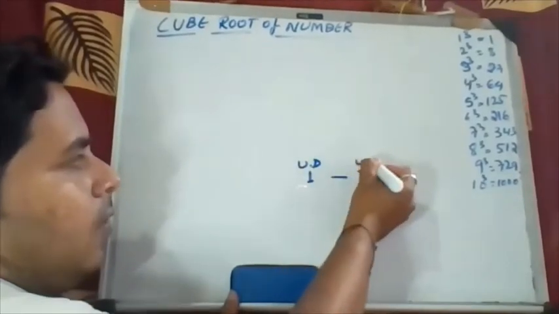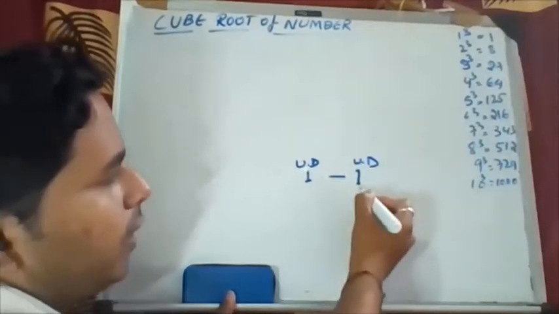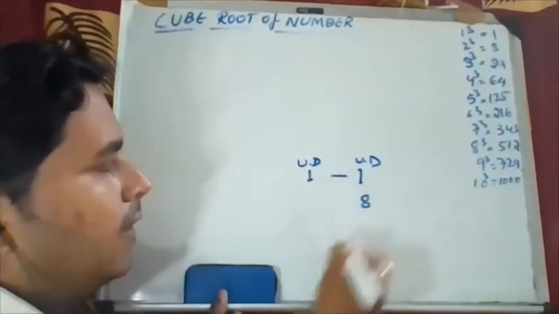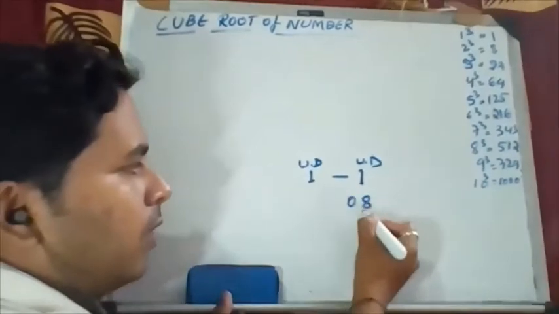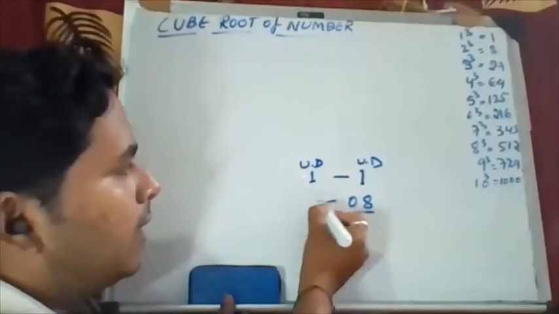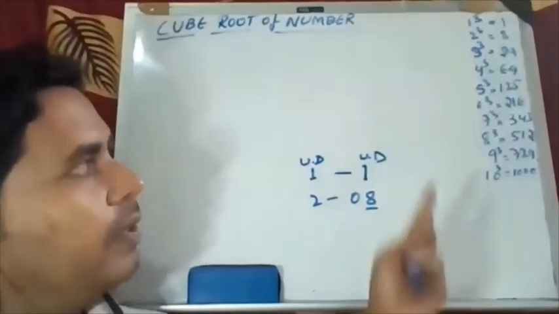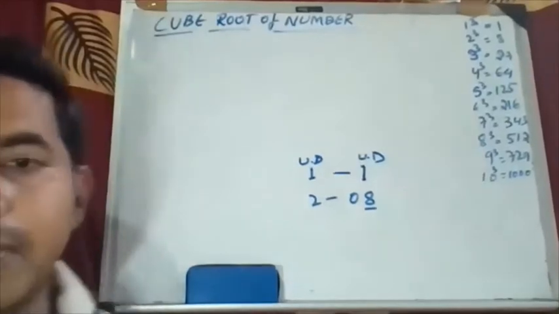And if any cube value has unit digit 8, the corresponding cube root has unit digit 2. So that is what we observed, and no value is repeated here.